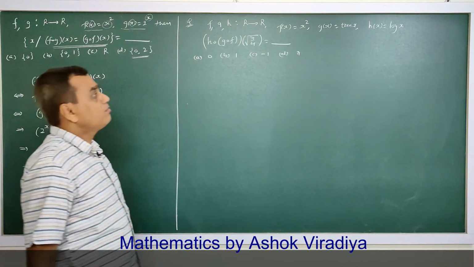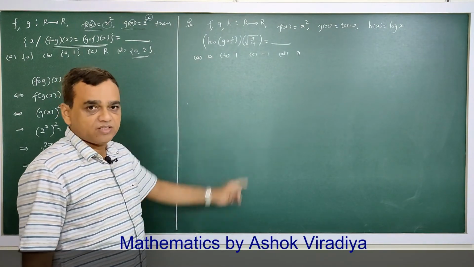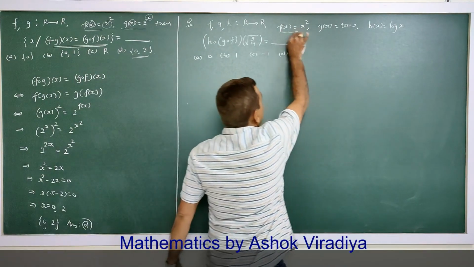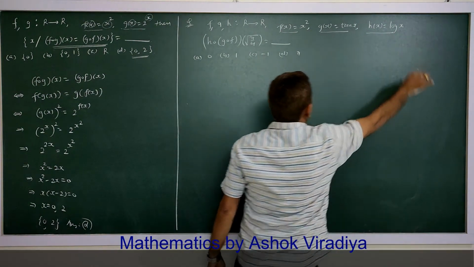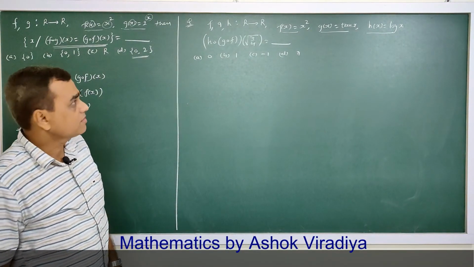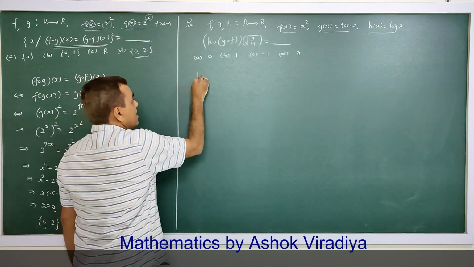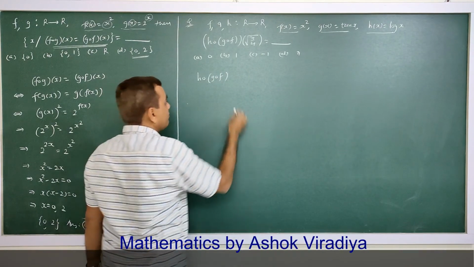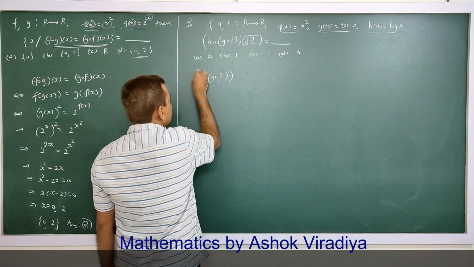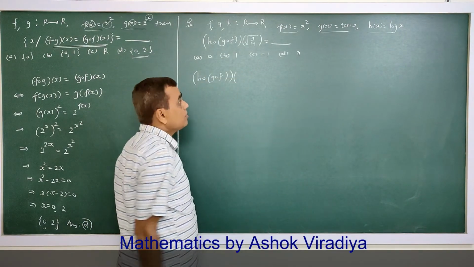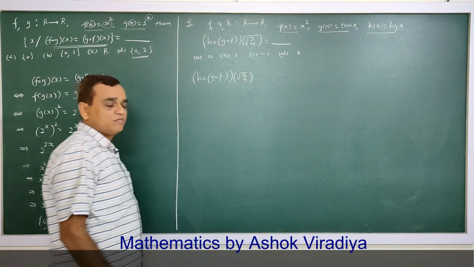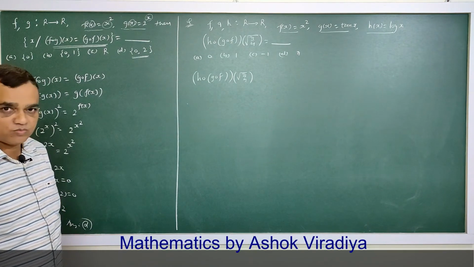One more question on composition of 3 functions. This is a composition of 3 functions. f given, g given and h given. So here h o g o f of root pi by 4, we want to find this value.